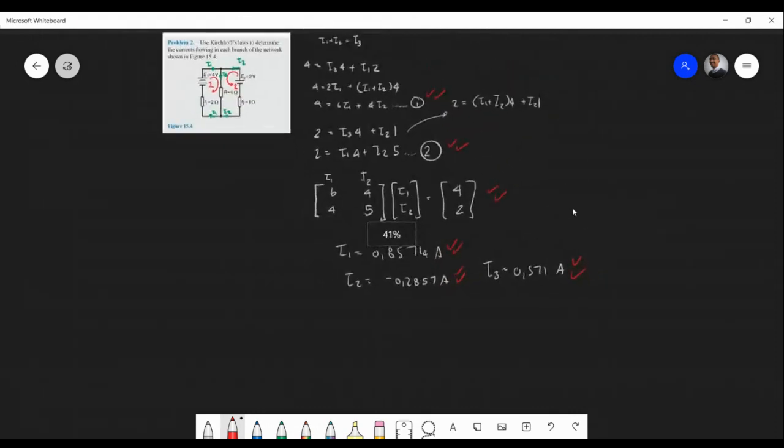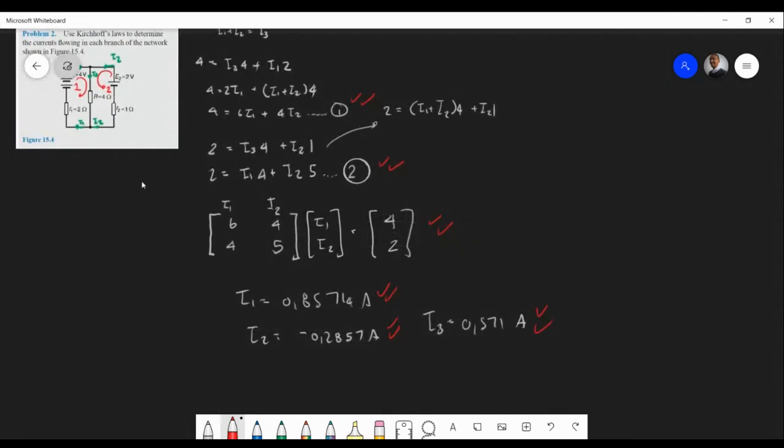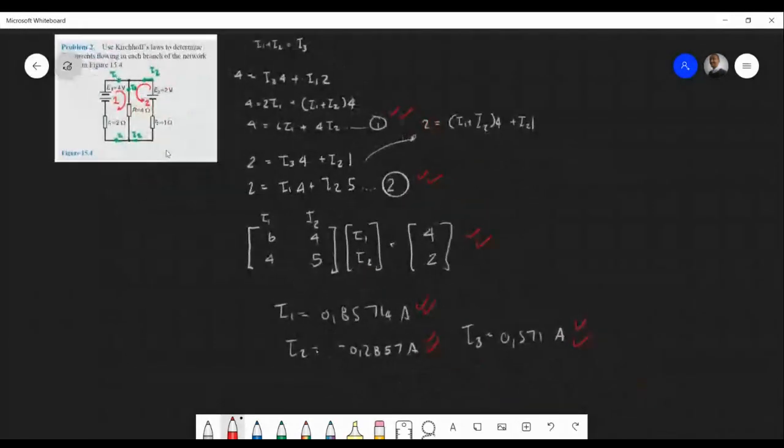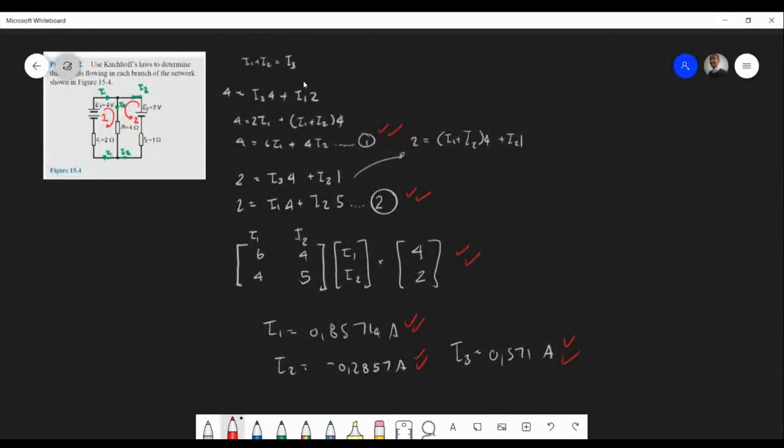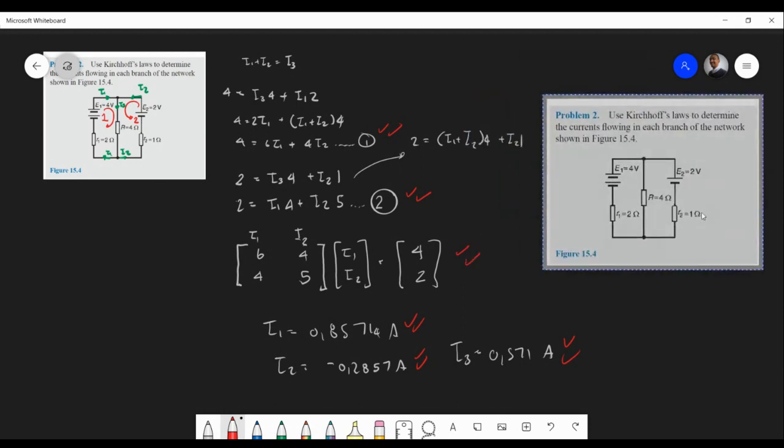Now to end off, I'm going to show you how Kirchhoff works. Instead of taking those 2 loops, you have an option of taking another loop. This is why I like this section, because there's a lot of creativity here.